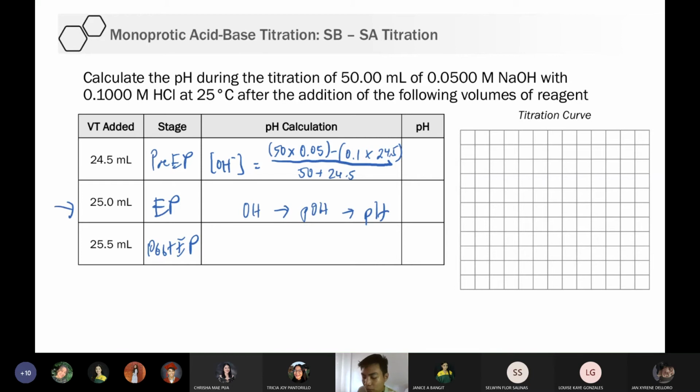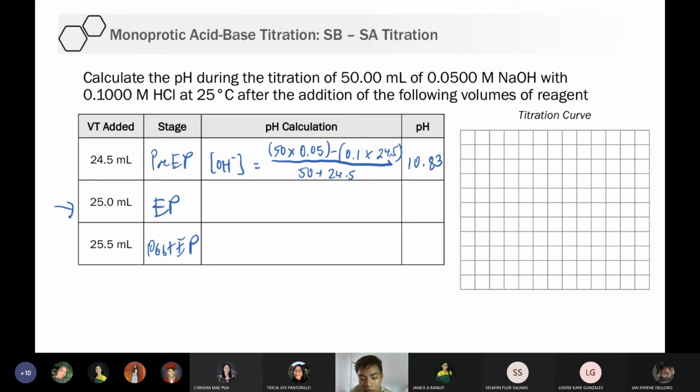And hopefully tama yung lumabas sa atin. pH is, ang bilis na, 10.83. Ayan ba nakuha nyo? Hopefully yan din ha. Kasi yan yung sagot eh. Pag di yan yung nakuha nyo, there's something wrong with the equation. Ayan, so that's the pH.